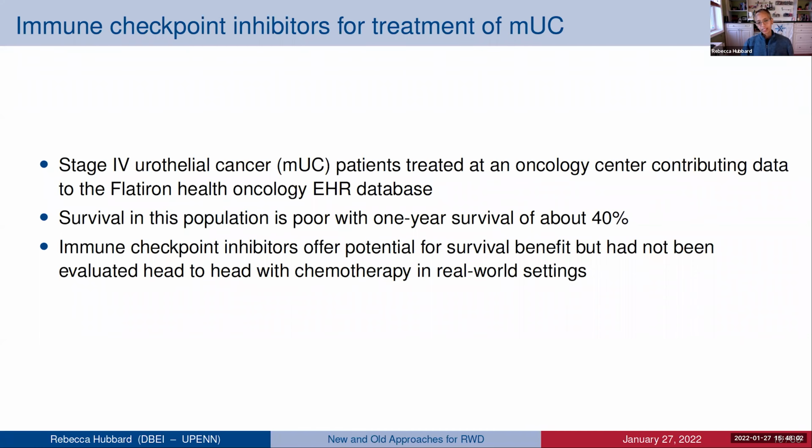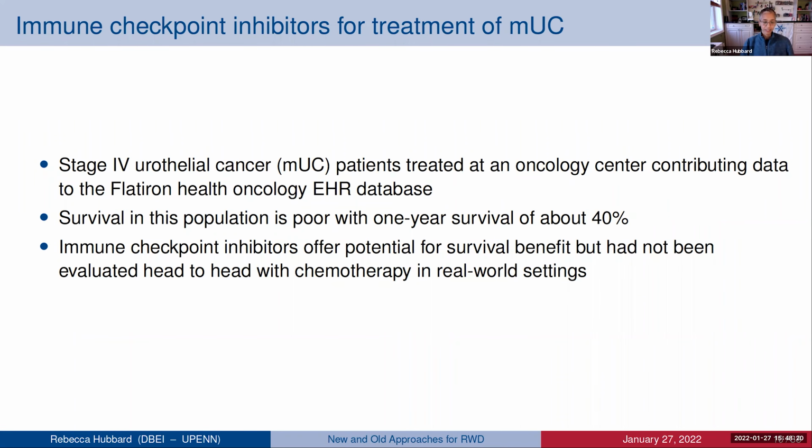And at the time that we were conducting this investigation, several phase 2 trials had been conducted. So one-arm trials without a control group. So just looking at an intervention, in this case of immune checkpoint inhibitors. And those phase 2 trials had suggested that there was some benefit in terms of survival for these patients associated with treatment with immunotherapy.